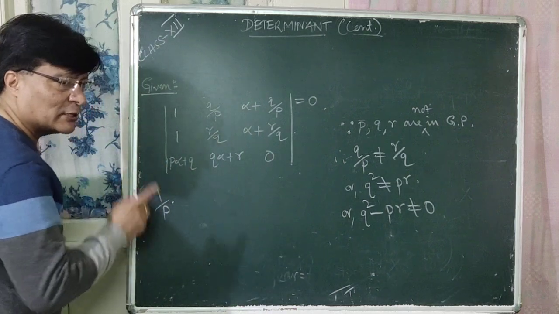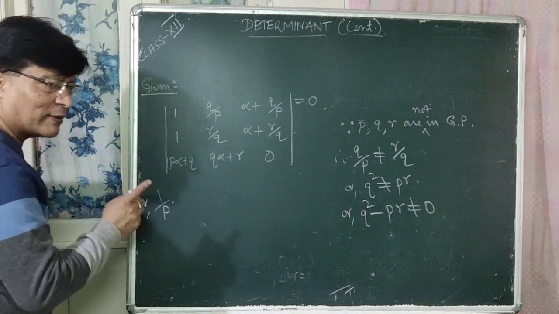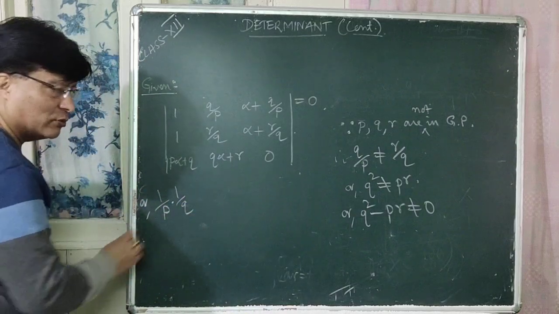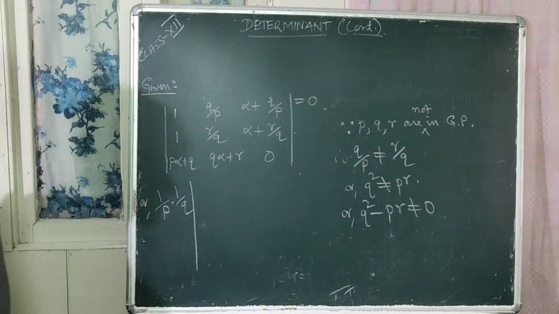So it should be cancelled. What will you write before the determinant? We have to write 1 by Q, isn't it?